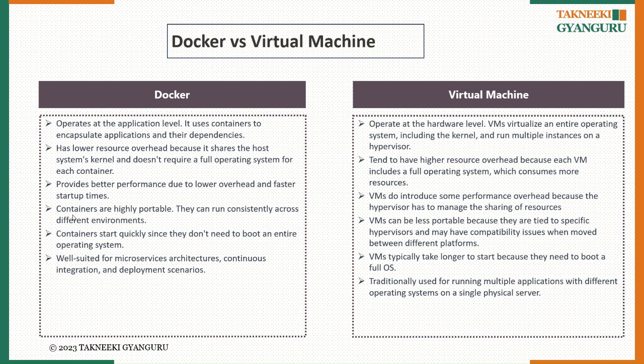And for use cases, Docker is well suited for microservice architecture, continuous integration, and deployment scenarios. And the virtual machine is the traditional choice for running multiple applications with different operating systems on a single physical server, like if we have a legacy application, right, a multi-layered application.